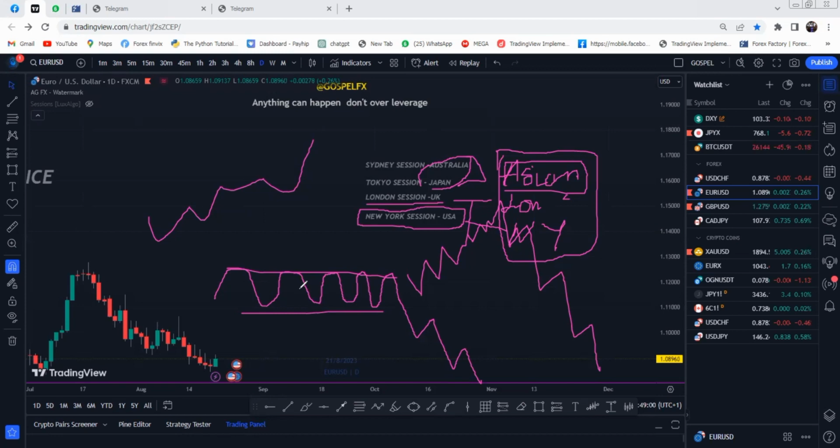This is because it is divided into several financial centers because of different time zones. So we have these four particular sessions, and now we are going to check at what time each session opens.